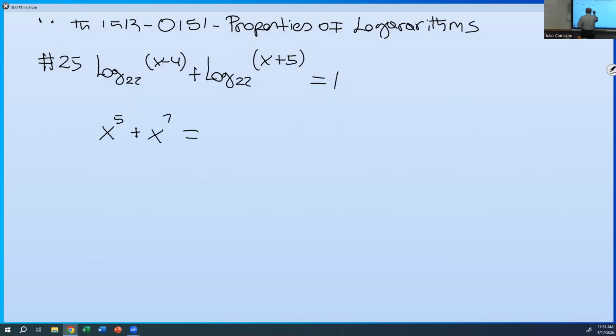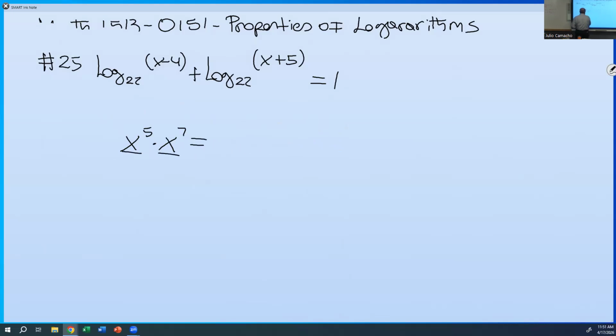What we did was multiply them: x to the 5 times x to the 7.